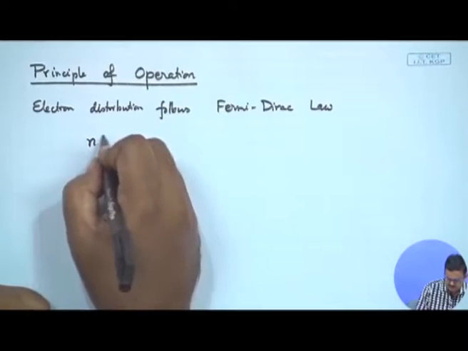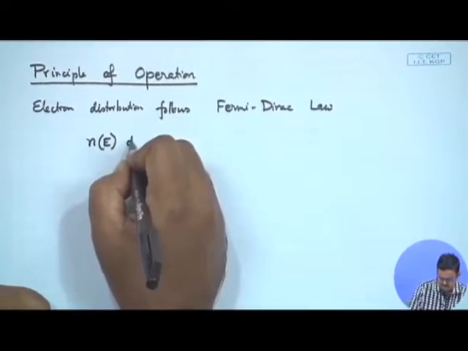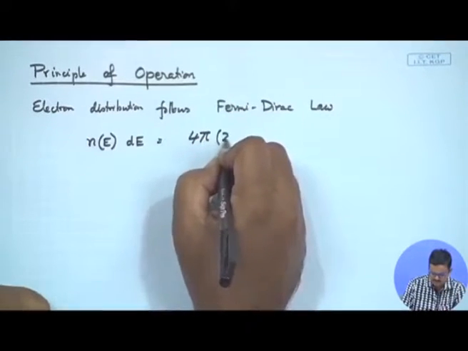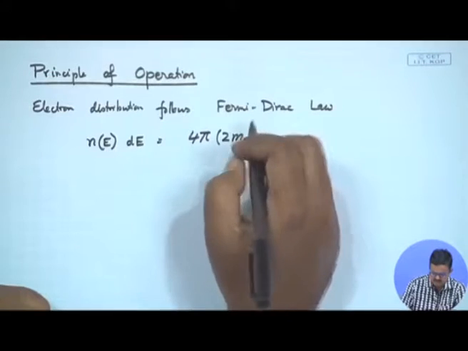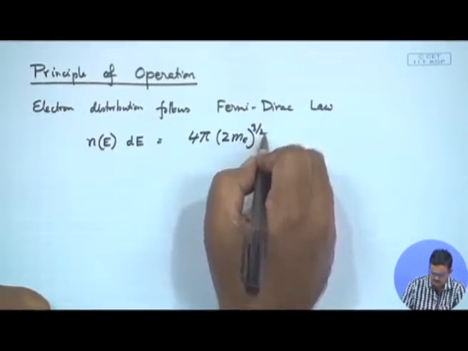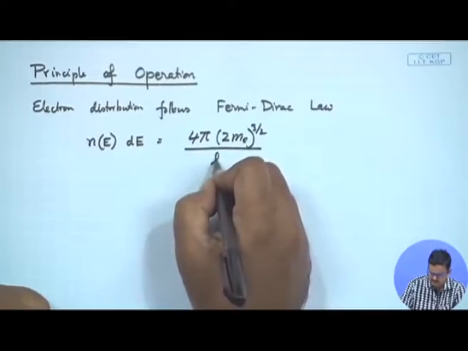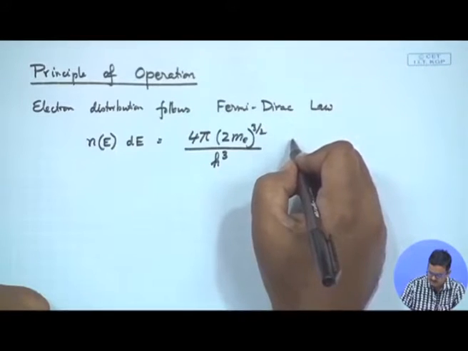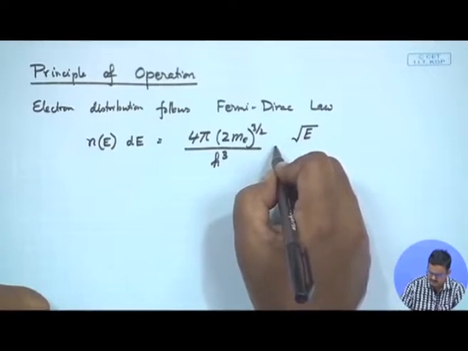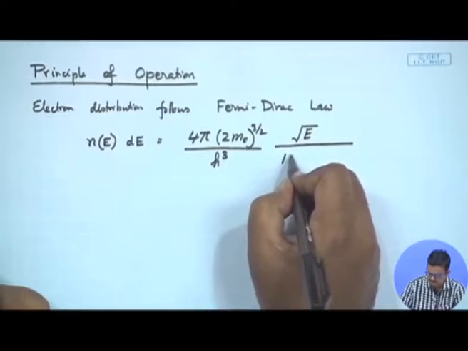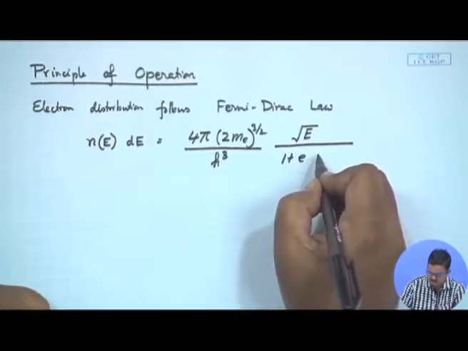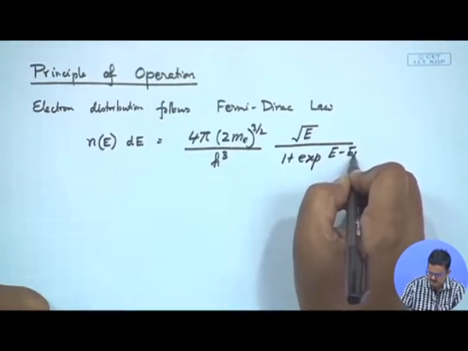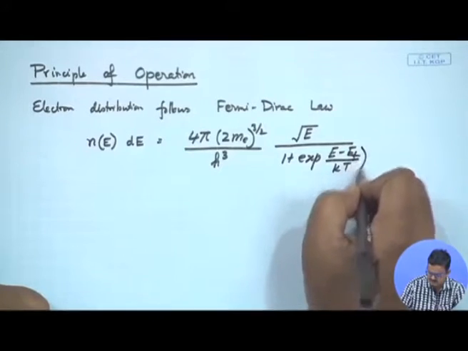So, if I write it in this manner, Ne, which is the distribution, this is a complicated expression, but that is okay. This is the mass of an electron to the power 3 by 2. For some of you it may be familiar from your physics, if you have a physics background. So, this times root over E, which is the energy level, over 1 plus exponential of (E minus Ef) divided by kT.